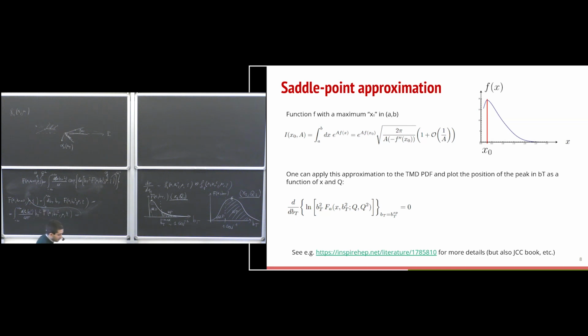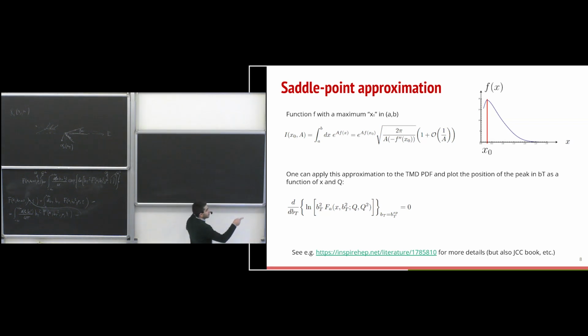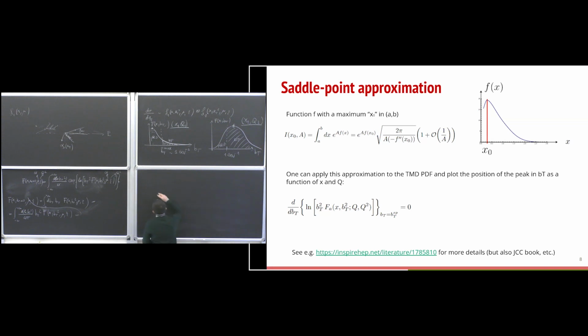Okay, at this point, the exercise begins. So the goal is for you to calculate this derivative. Before actually calculating the derivative, I would like to suggest you to calculate this object. Then you take the derivative, you evaluate this derivative at the saddle point, and you set the derivative equal to 0.